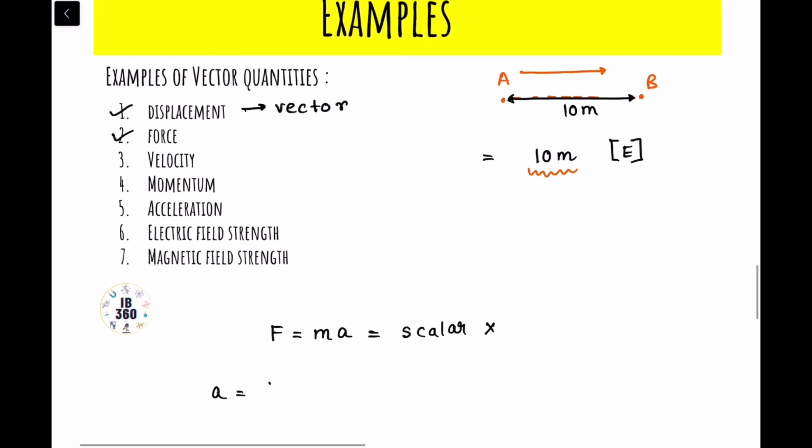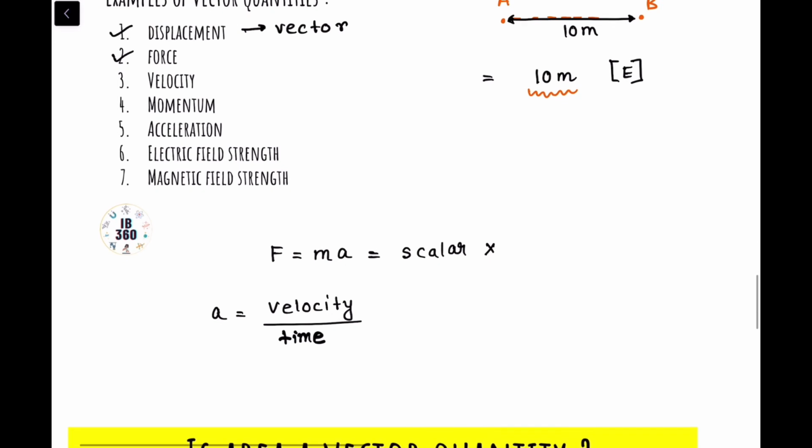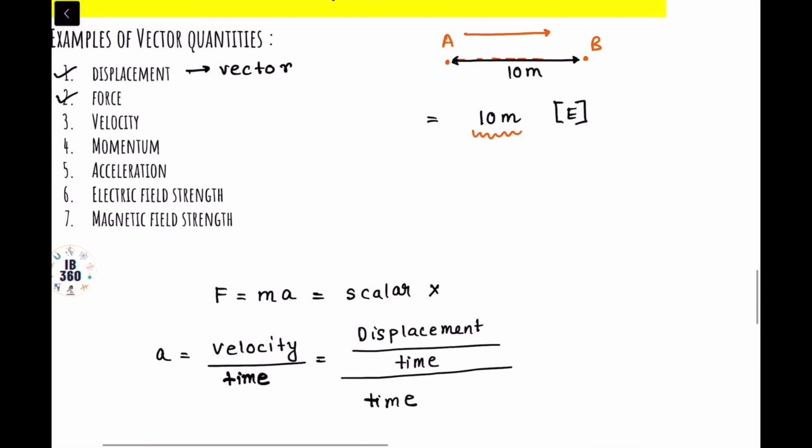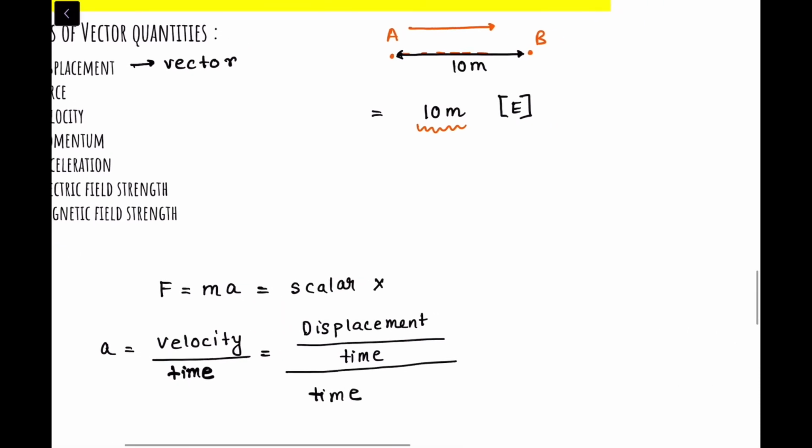Acceleration is velocity divided by time. And what is velocity? Velocity is displacement divided by time, whole divided by time, right?